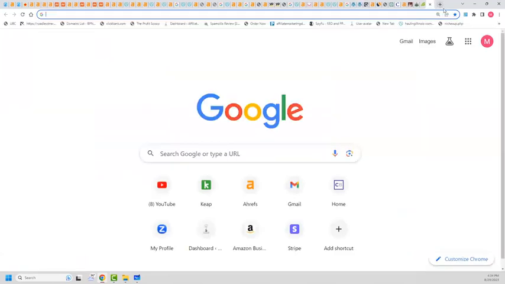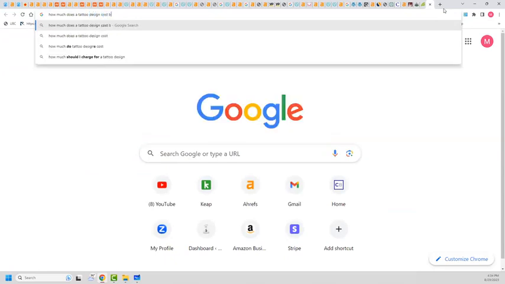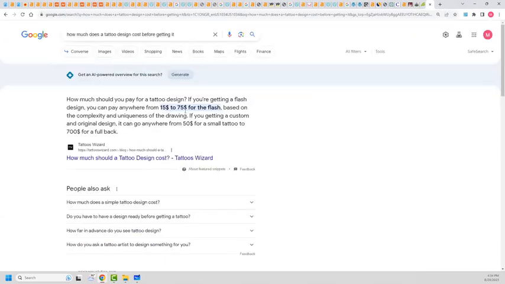How much does a tattoo design cost before getting it? 50 to 70 for the flash. $75. So you put that. If you're sitting in the seat, it could be $50 to $700 for the tattoo you want.